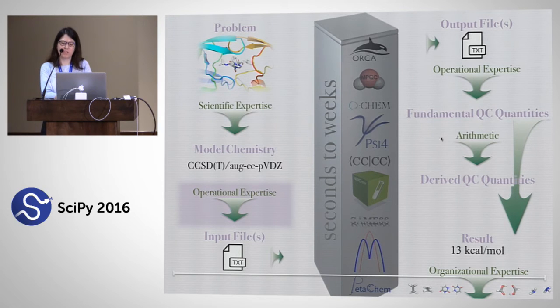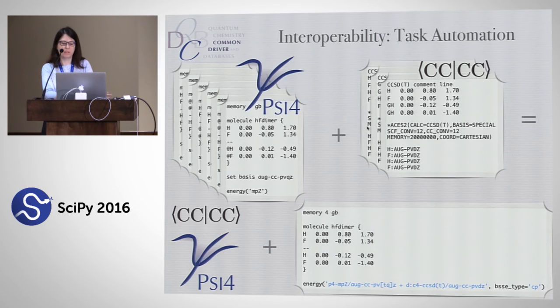That is mixing and matching the fundamental quantum chemistry quantities that each of these output in order to get greater efficiency. So one thing one can do is just automate some tasks. If you look at this blue string, it is pretty cryptic, but it's just a very condensed representation of a procedure that one wants done.